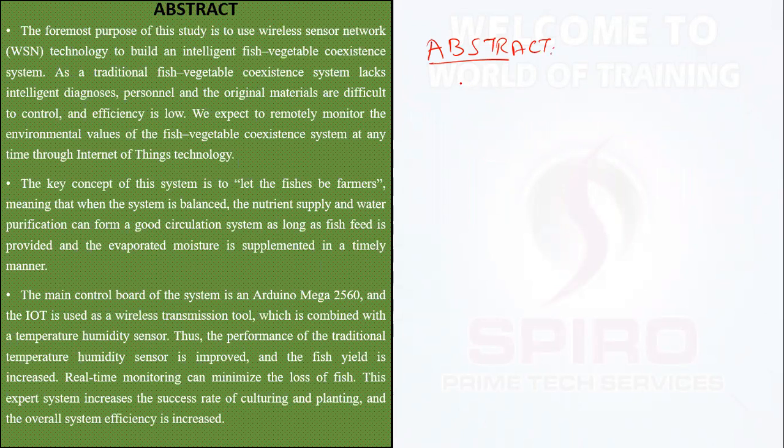In a real-time scenario, the fish tank is monitored using manpower. So in real time, if there is no presence of manpower, it leads to the death of fishes in the tank. So it will be a major drawback in maintaining a fish tank.